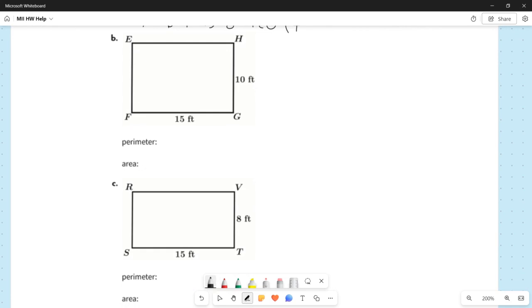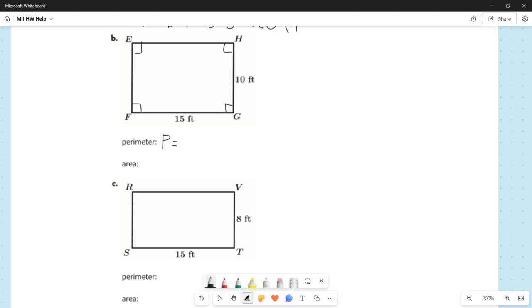For part B, again, I'm not in love with the fact that we are assuming something about this shape. We're kind of assuming it's a rectangle. But we can't really solve this problem without making that assumption. So I'll just go ahead and make that assumption. So the perimeter is the sum of my side lengths.